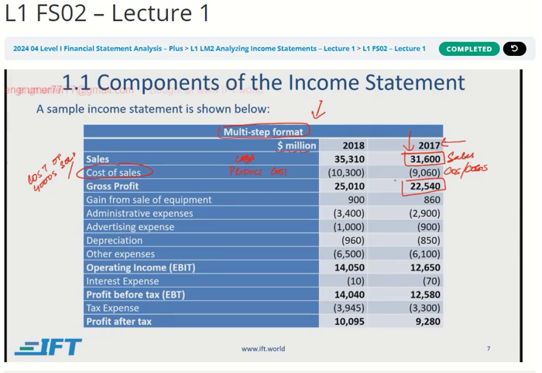Now, all of these other expenses that are mentioned over here are known as period costs. Period costs. Now, please see the difference between the two names. Product cost is the cost incurred to produce that product, which is why we call it cost of goods sold.